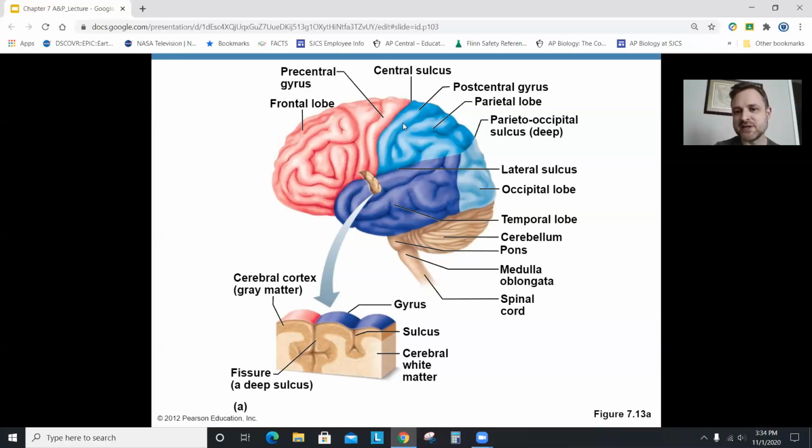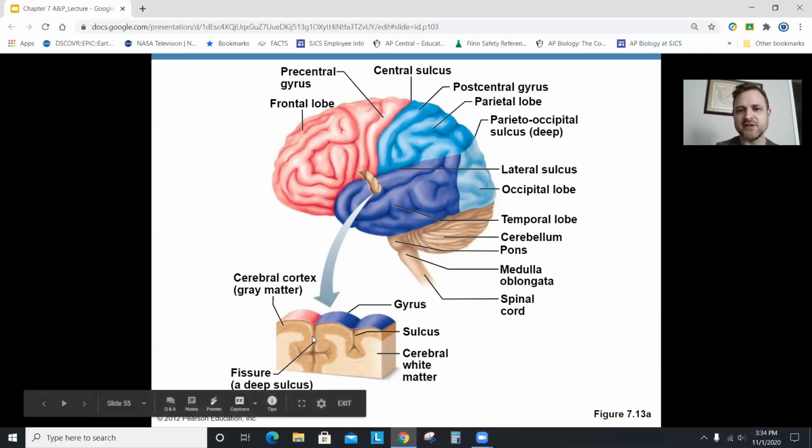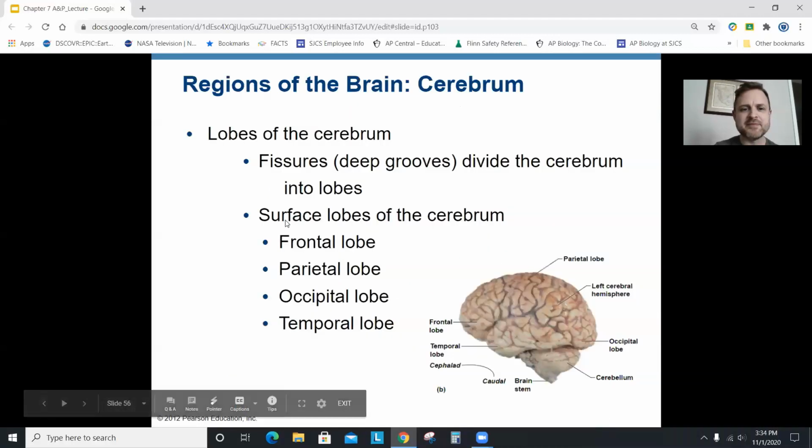When we dissect brains in class, you can take your finger and just move it into a sulcus and split the brain into parts. A fissure is a very, very deep sulcus. There's a longitudinal fissure that divides the brain into equal left and right halves down the center. Okay, more about that later.